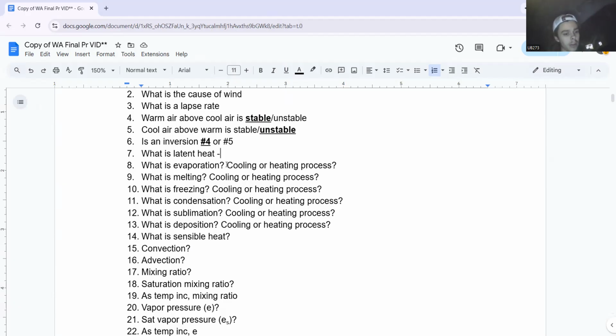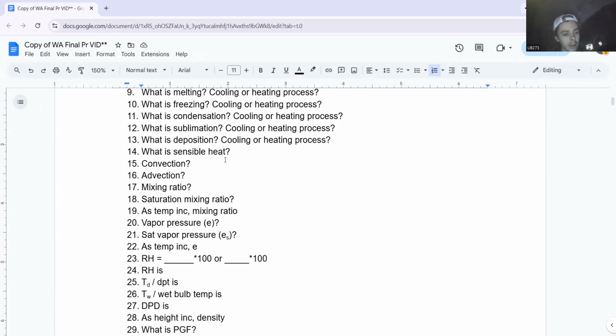Deposition is going from a gas to a solid, and since the temperature of the parcel is decreasing, it warms its surrounding environment. So as a review, the MES, melting, evaporation, and sublimation are cooling processes, and the other three, which are FCD, freezing, condensation, deposition, are the warming processes.